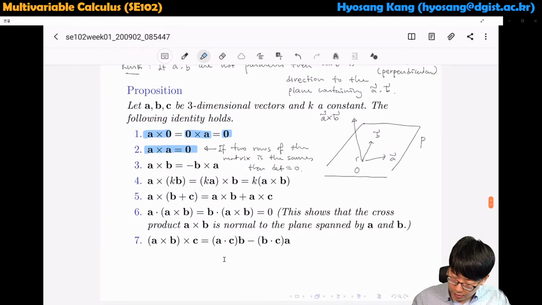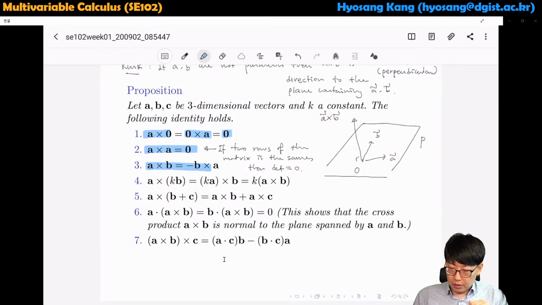And now this one says if you take the cross product A to B, then it's the negative of B to A. If A and B are the same, that's the 0 vector, so it doesn't matter. 0 is equal to negative 0.